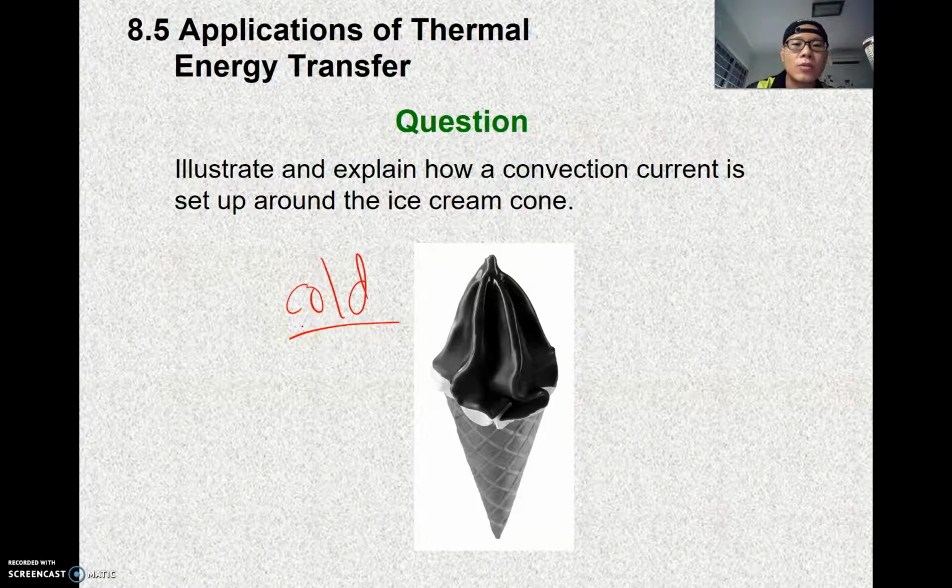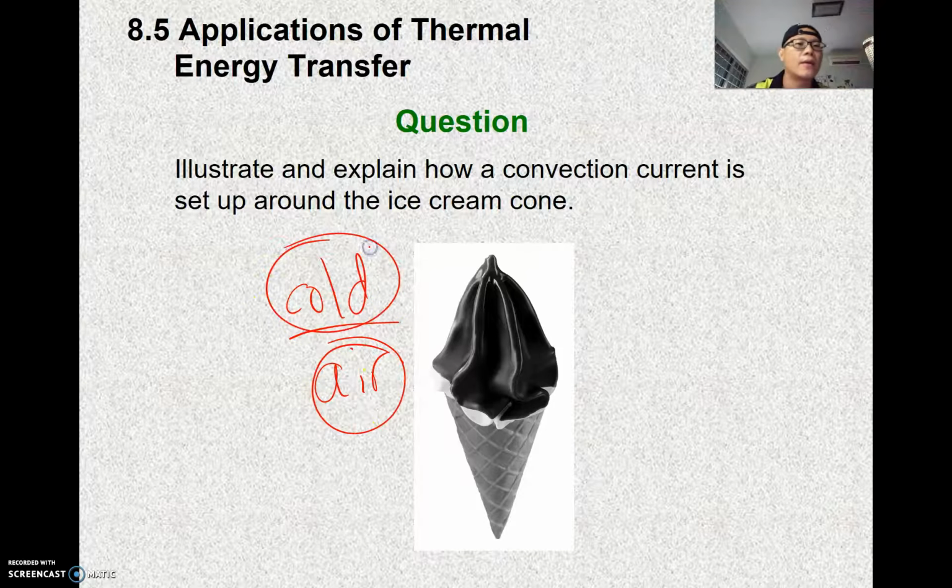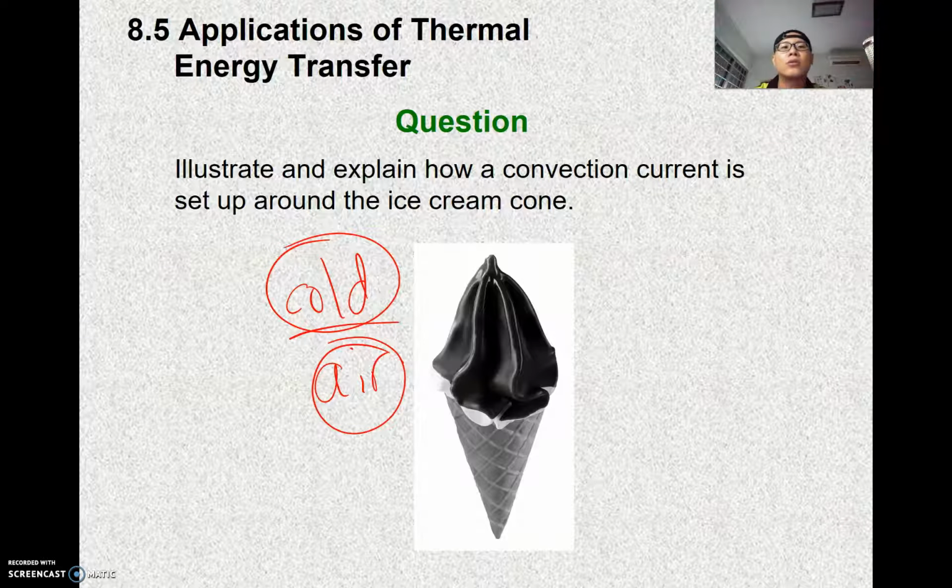So we are pertaining to where? Air. Cold, and we have air. If these two combine, you'll find that the question is actually talking about the air rather than the ice cream itself, because it's really hard to know what material or ingredients the ice cream is made of. So it's not possible to talk about conduction, heat conducted to the ice cream.